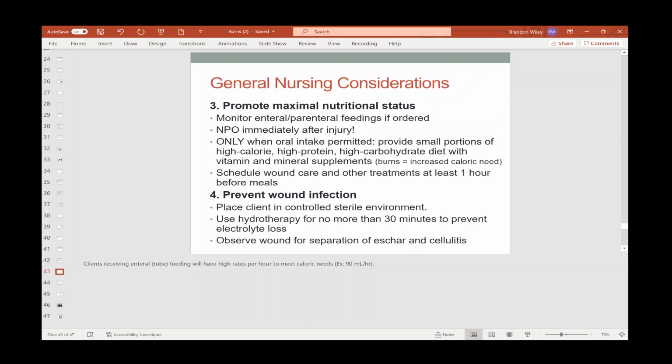Preventing wound infections. We try to put everything in a controlled environment when we're dealing with their wounds because a lot of times they will die from an infection. That's what they die from. So we don't want that. We've already pulled them through the worst part of it. Let's not do that. So dressing changes are all done sterilely.